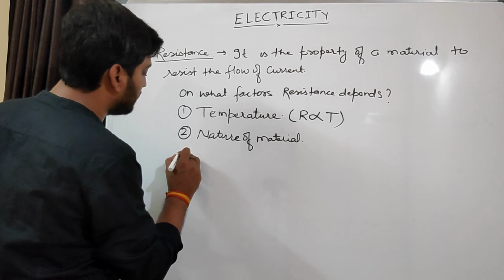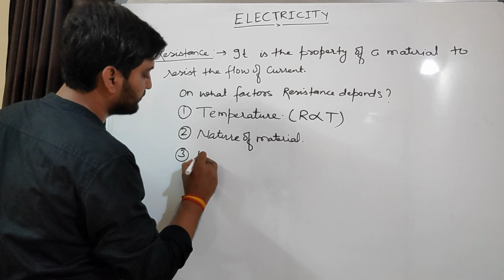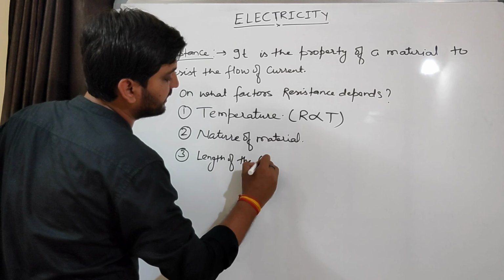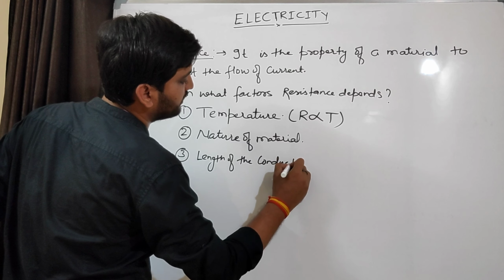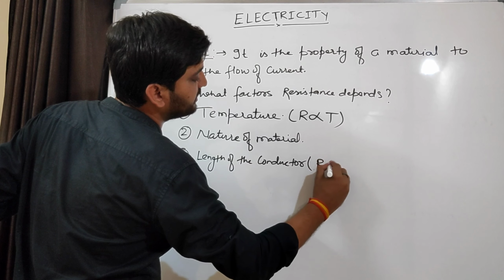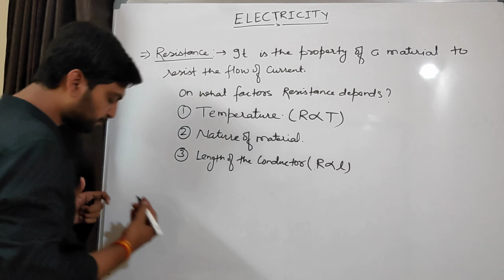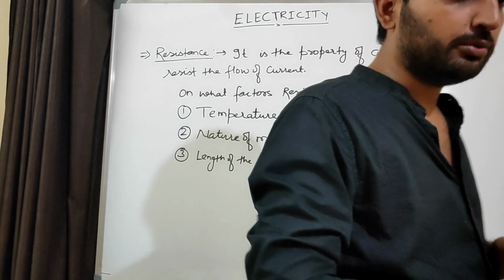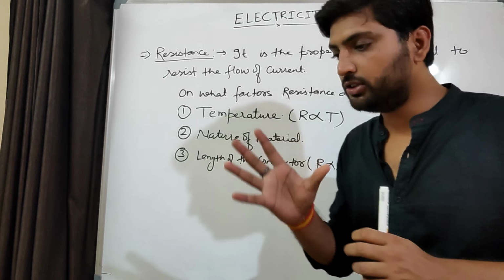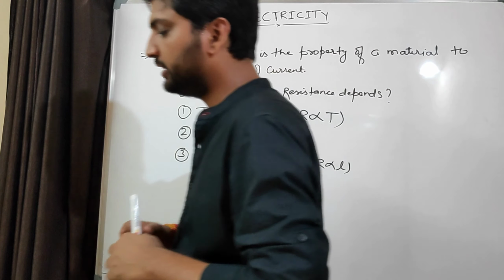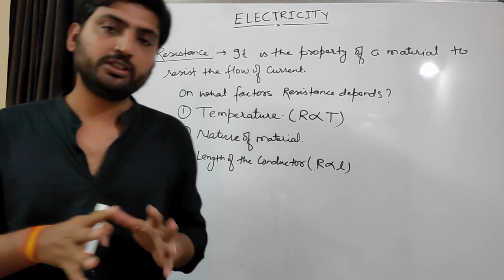Third one is length of the conductor. R is directly proportional to L. Suppose one day you have to move 1 kilometer, and the next day you have to move 2 kilometers.